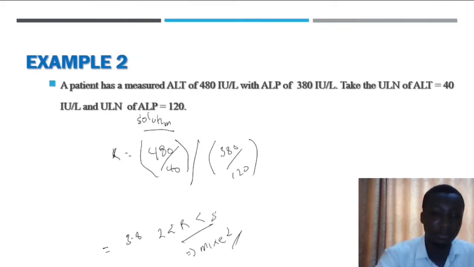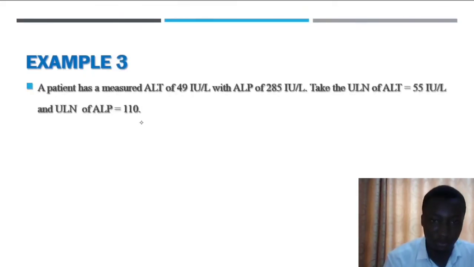Then the last one that I'm going to do for this problem is where the patient has a measured ALT of 949. So, solution.